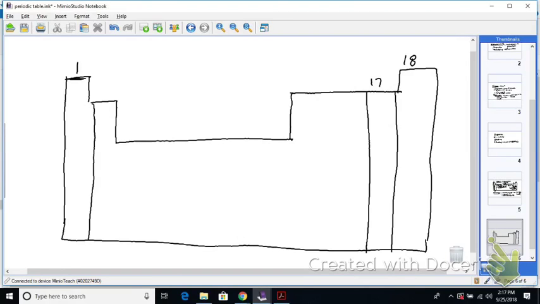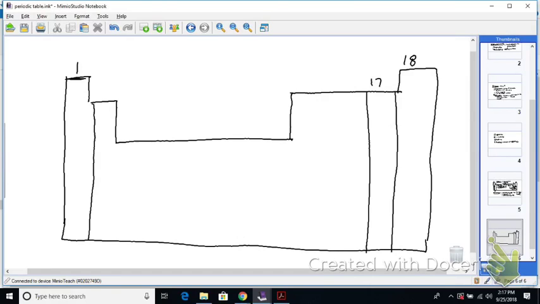These don't have charges when they're in their pure form. So when you look at them on the periodic table, they have equal electrons and protons. When you see them bonded to something, they're no longer in that original form. They've lost or gained an electron, so they no longer have an equal number of protons and electrons. Okay, that makes sense?